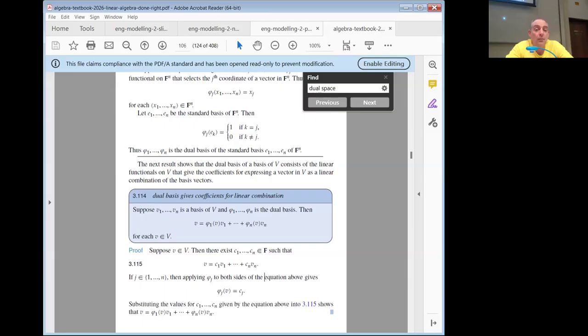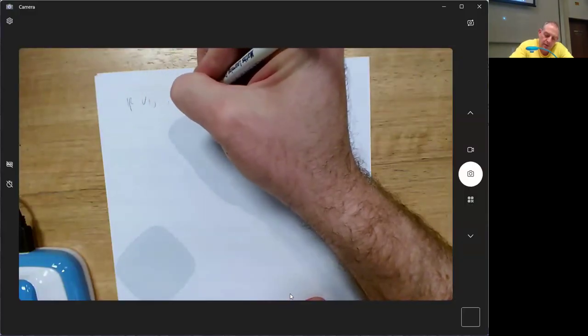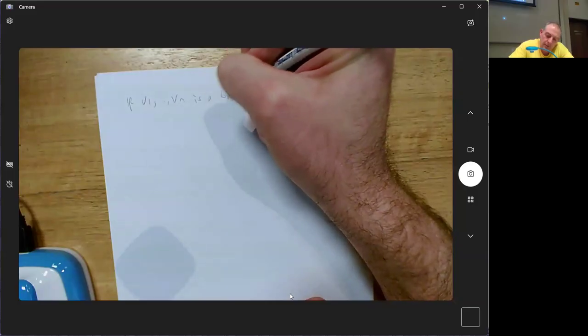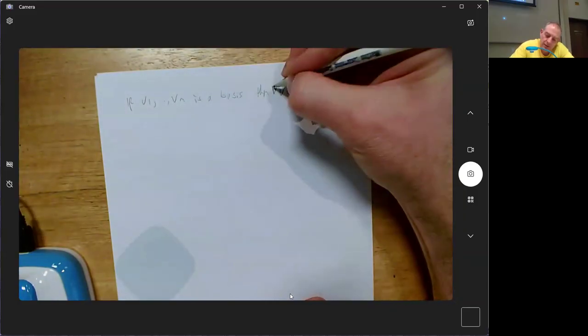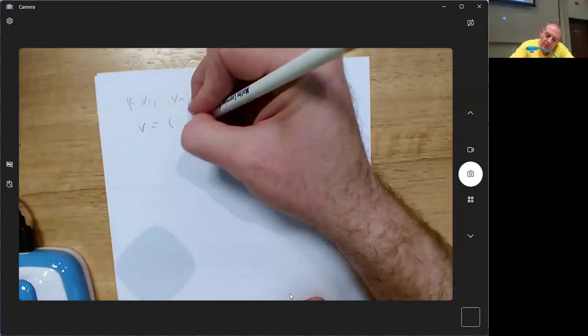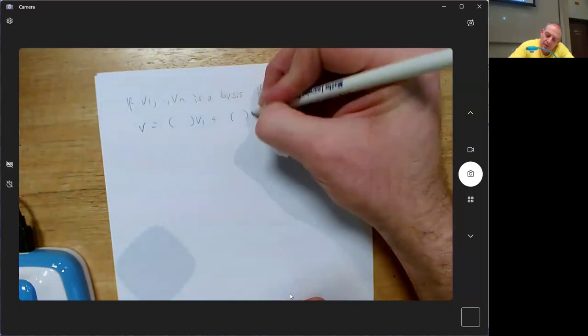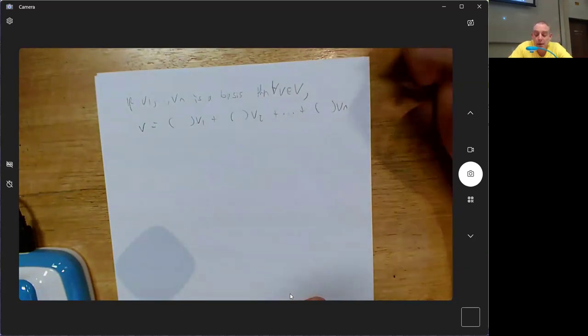So back in first year linear algebra there was this thing where you said, if V1 up to Vn is a basis, then for all V in V, V is something times V1 plus something times V2 plus all the way up to something times Vn, right?